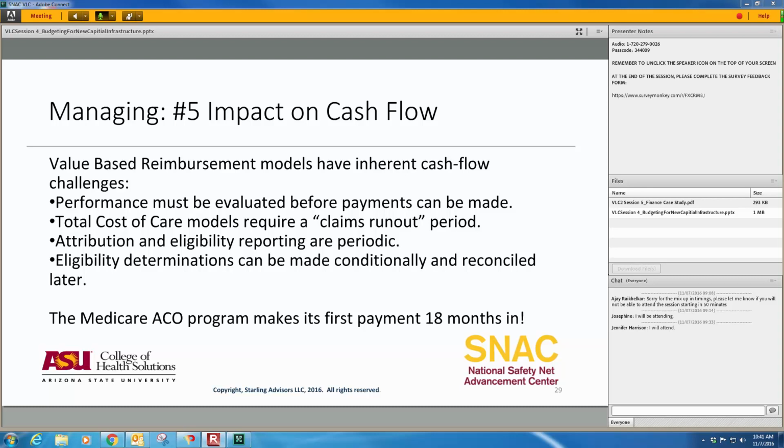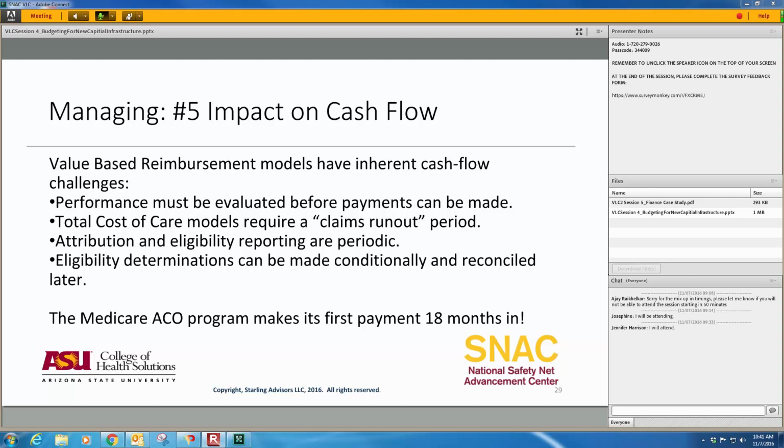And lastly, a word on the implications on cash flow. All value-based reimbursement models have some inherent cash flow challenges, largely driven by the fact that performance must be evaluated before payments can be made, which means things have to have happened in order for us to determine what the payment should be.